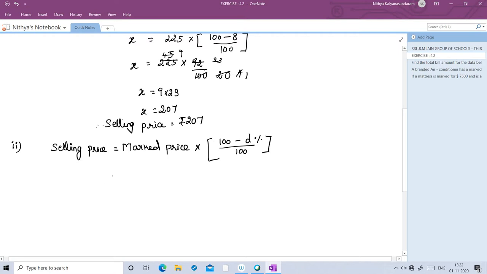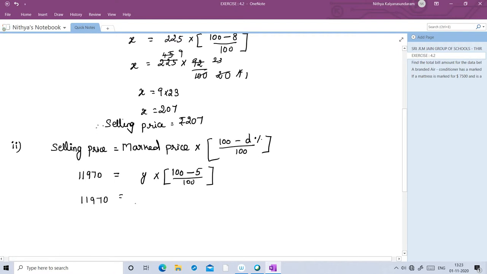So selling price for LED is 11,970. It's equal to marked price. It's given as Y variable, so instead of marked price you write Y. Then multiply 100 minus discount 5% divided by 100.